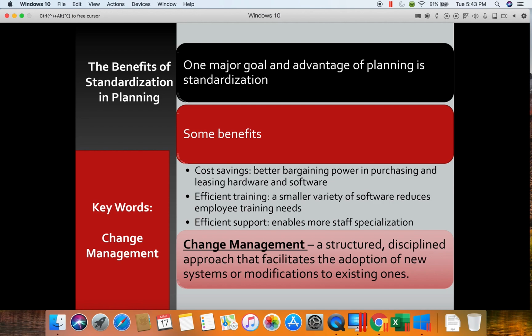And so it adds another layer of cost to the organization. The goal for them is to eventually standardize their systems so that this new facility would be on the same system as everyone else. That standardization gives us the advantage of cost savings to get better bargaining when we're buying our hardware and software.